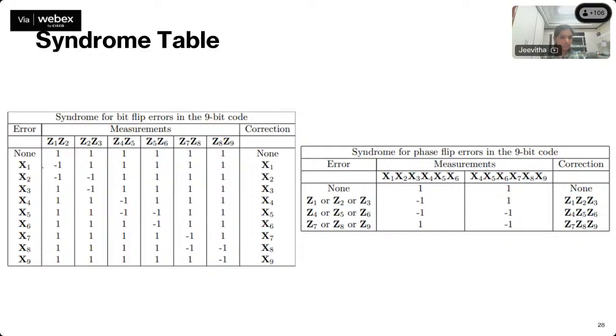So when an X error has occurred in the first qubit, Z1 and Z2 will be able to detect this error, so you will get -1. When an X2 error has occurred, since Z2 is present in both the stabilizers, you'll get a minus sign in both. Similarly with other cases. And for the phase flip error, you detect using these two stabilizers.